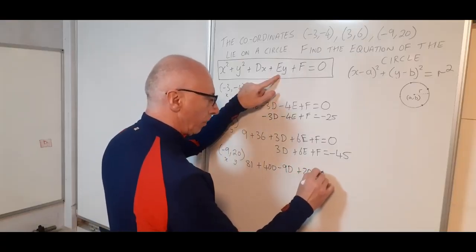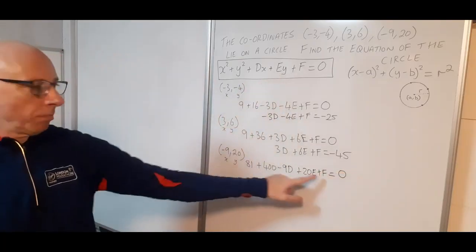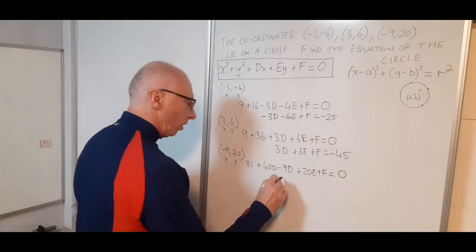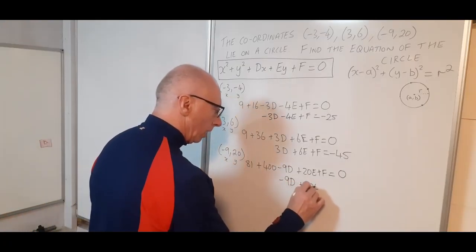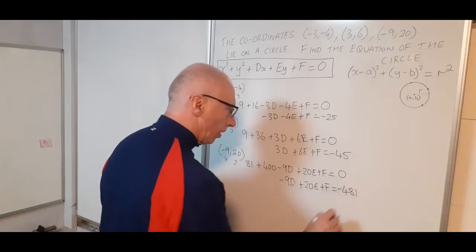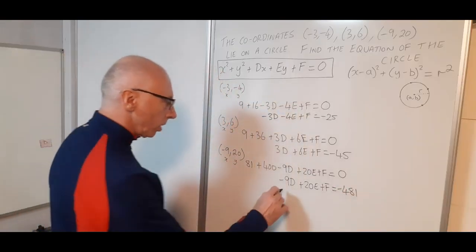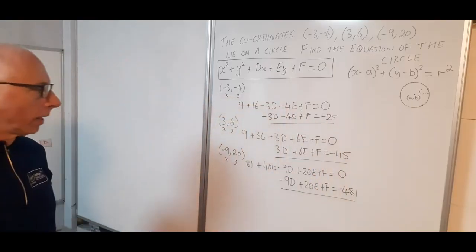Keep my f as before and set it to 0. Sum these up, bring them over the other side as before. So now I've got -9d + 20e + f equals -481. And that's going to be my three equations that I need to work with to get to my solutions.